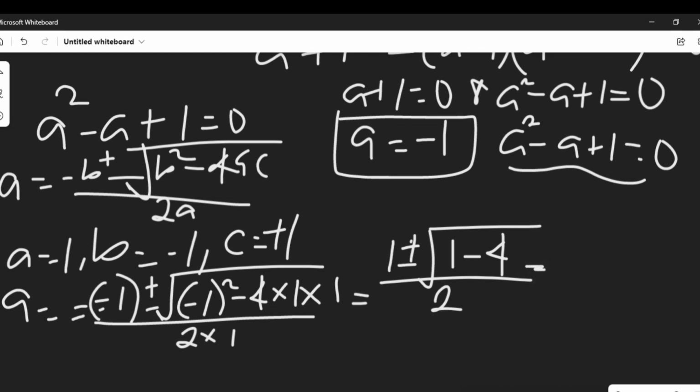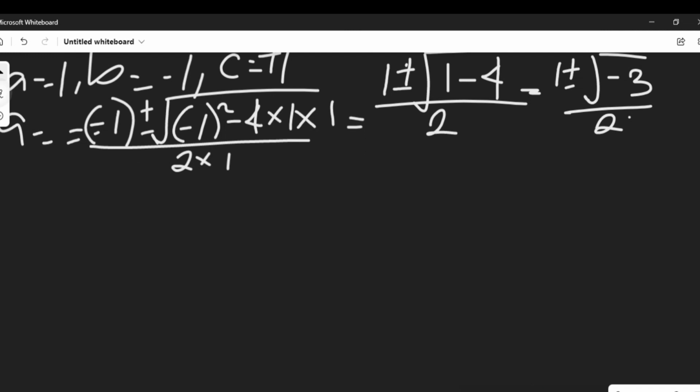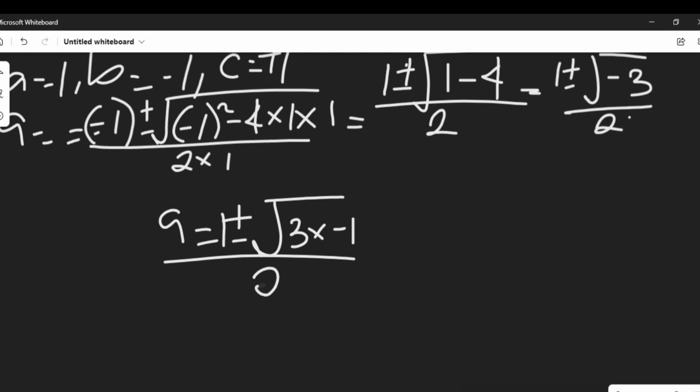So this will give us 1 plus or minus the square root of minus 3 all over 2. To simplify that solution further, we'll have a equal to 1 plus or minus the square root of 3 multiplied by minus 1, all over 2.